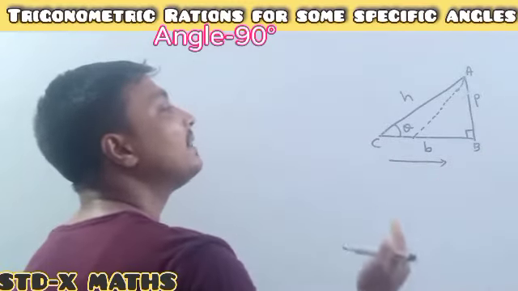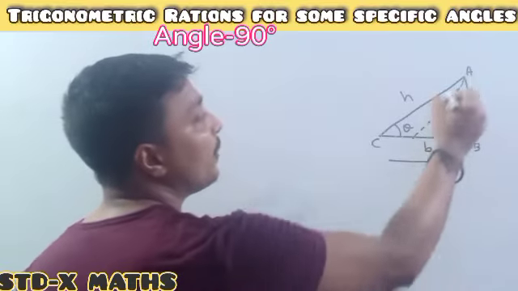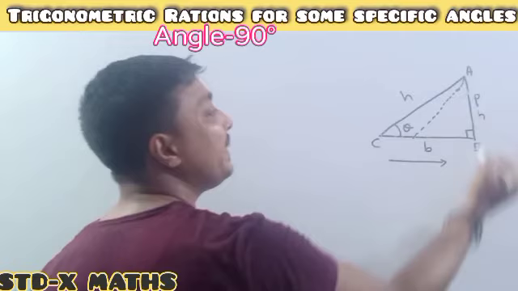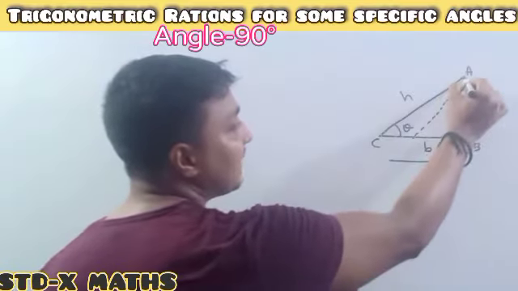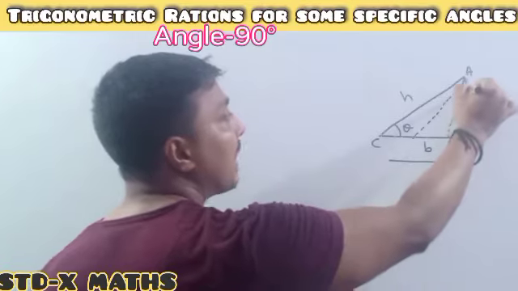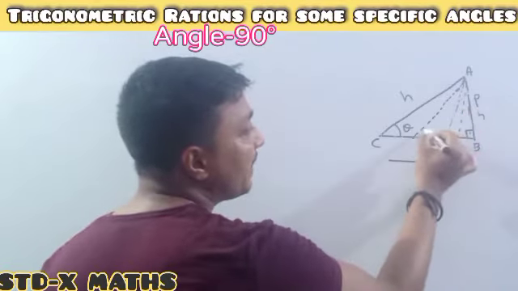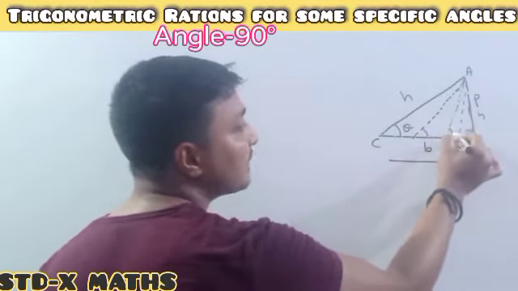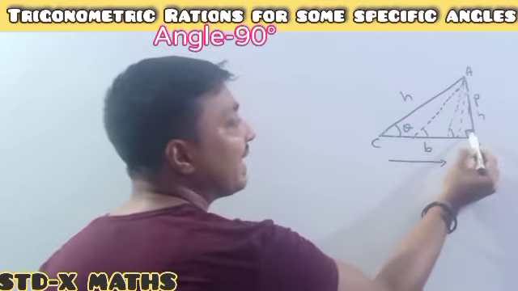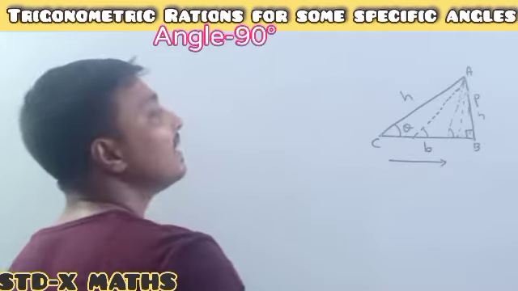And finally one thing you will see, whenever this H coincides with P, see now H is coming close, now coming close, now coming close. Whenever it is coming close, this angle increases from this angle to this angle, and finally we get this angle as 90 degree.